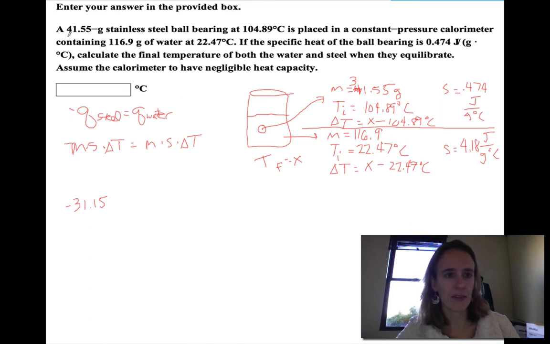I have a slightly different version of this problem loaded up here, but the methods are the same. So 31.15 grams times our specific heat, 0.474 joules per gram degrees Celsius, times the change in temperature, which is X minus 104.89.